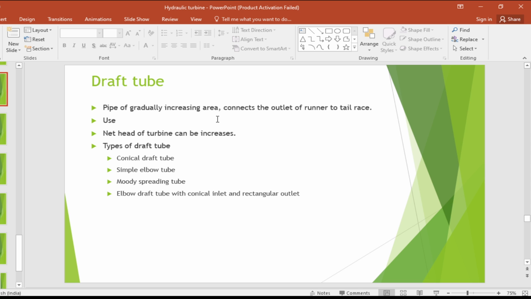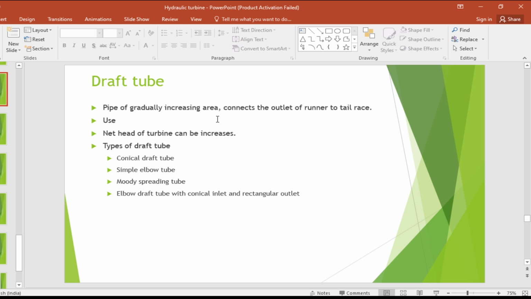Now in addition to serving as a passage for water discharge, there are two more purposes of this draft tube. First, this draft tube permits a negative head to be established at the outlet of runner and therefore increases the net head of turbine.